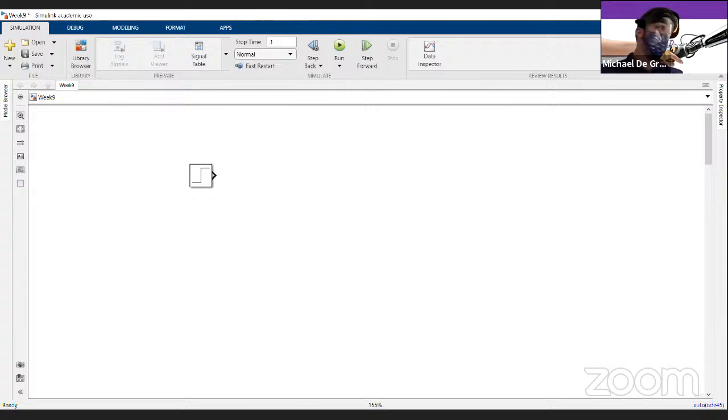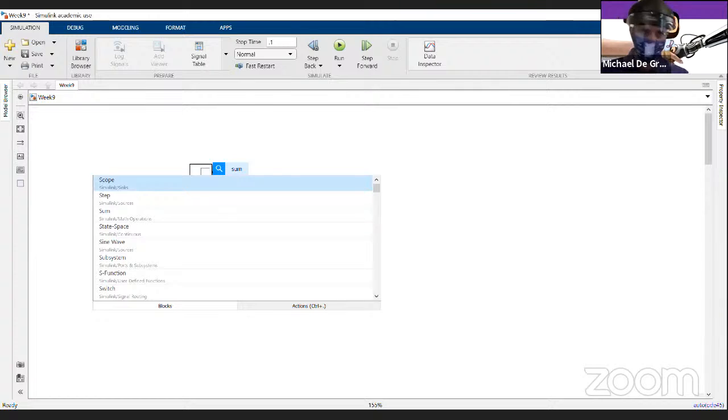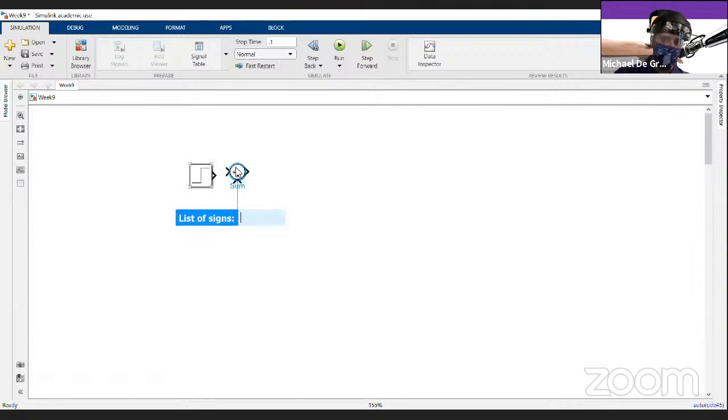What is my step input going into, right? Based on the drawing we just made, it's going to be going into a summing junction. So if you type sum, that first one for Simulink/math operations, we haven't really used the summing junction yet.